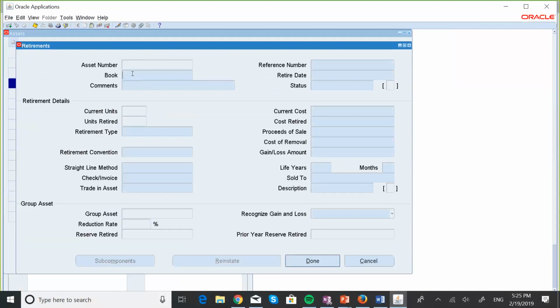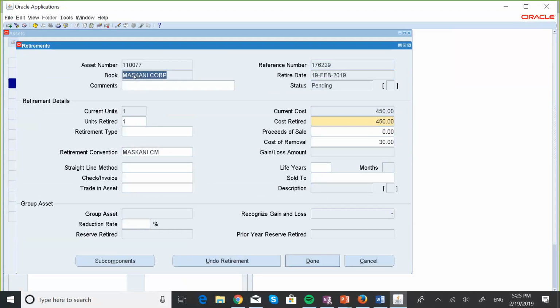I want to query it here. You can see here that the status says pending. The information there under financial inquiry shows that the cost has been zeroed down, okay?